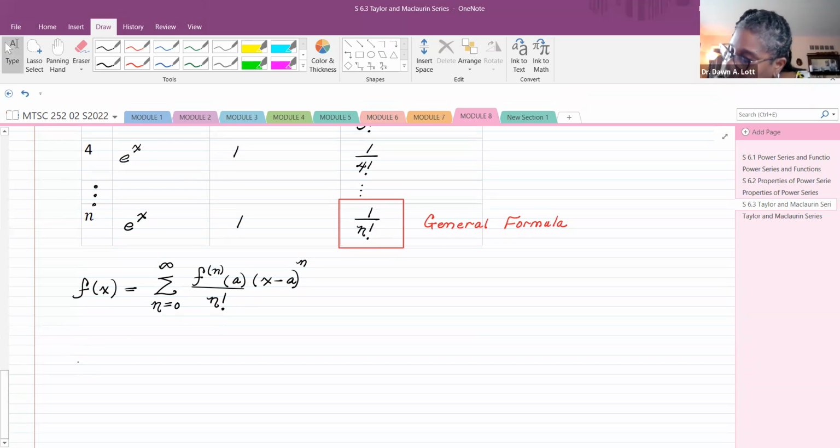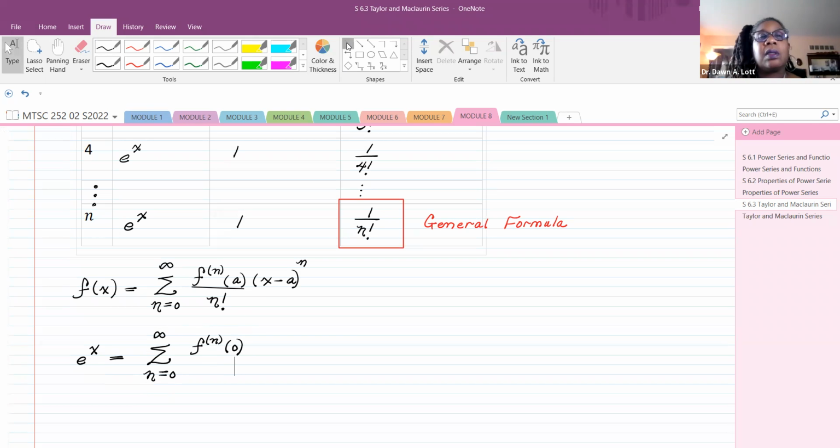So I get e to the x is the sum n equals 0 to infinity. I'm going to get here the nth derivative at 0 divided by n factorial, and x minus 0 to the n is x to the n. So here is where I need to make my substitution.